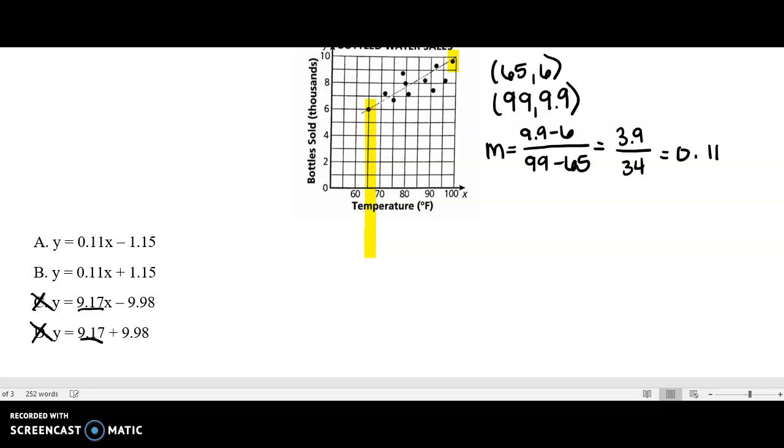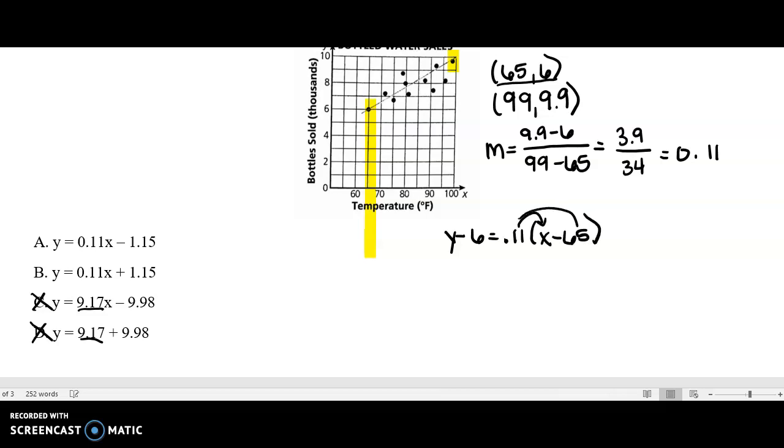So let's see. How am I going to find out what my B is here? Well, I'm going to use my point slope formula, and I'm going to plug in one of these 2 points. I'm going to work smarter, not harder, so I'm going to pick this point here, the 6, 5.6, and I'm going to plug in y minus 6. We know the slope's 0.11, x minus 65.